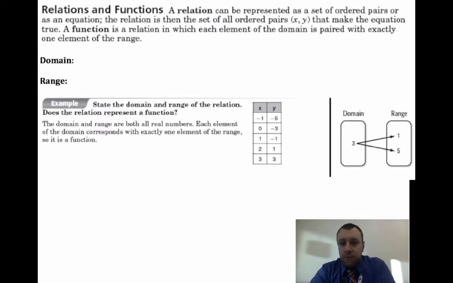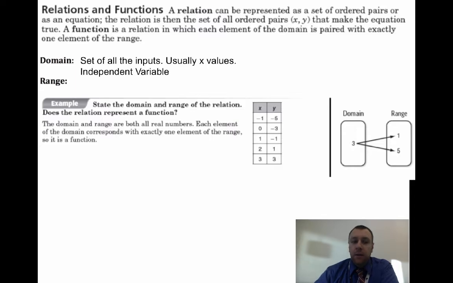A function is any set of x's and y's, or inputs and outputs, where the domain matches up with the range. The domain means all the sets of inputs, so it's usually just the x values. It's called the independent variable.